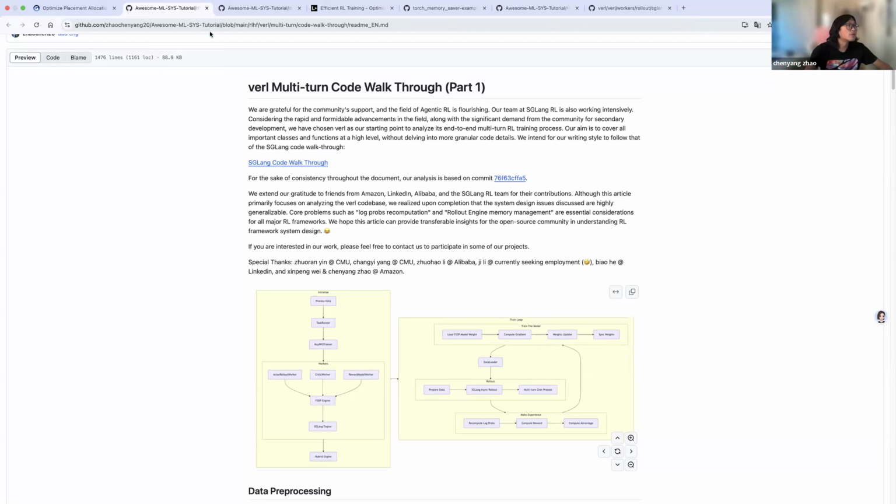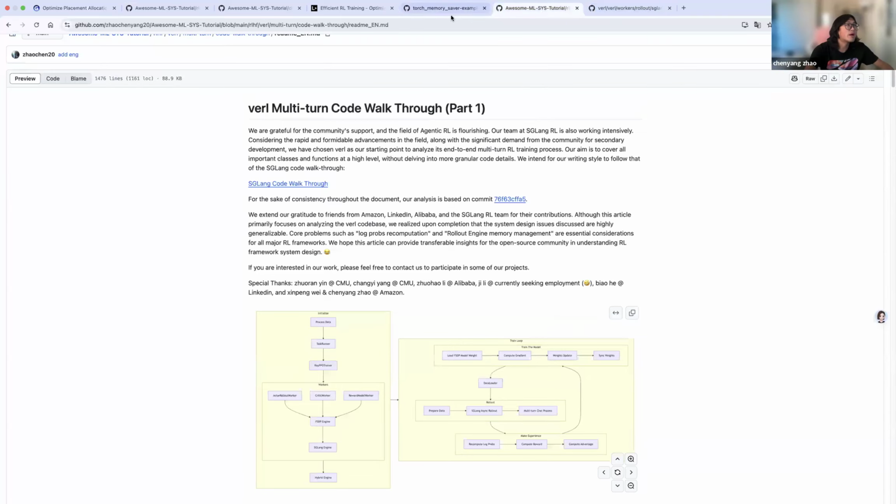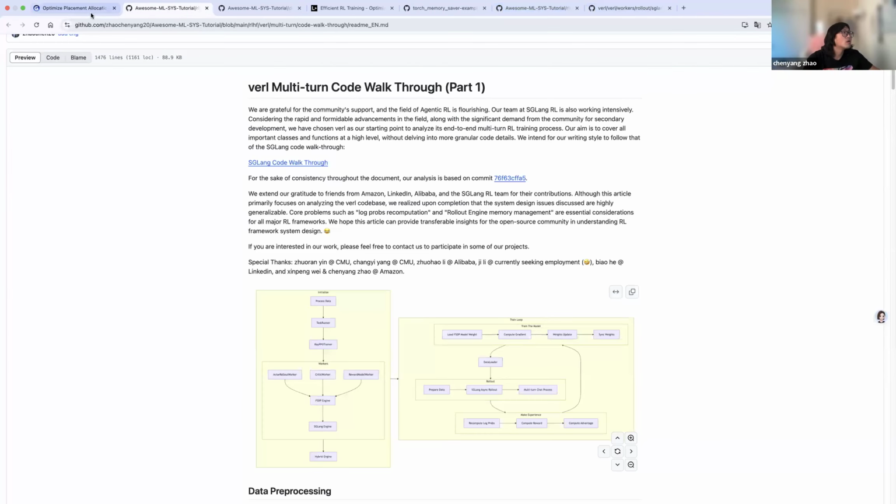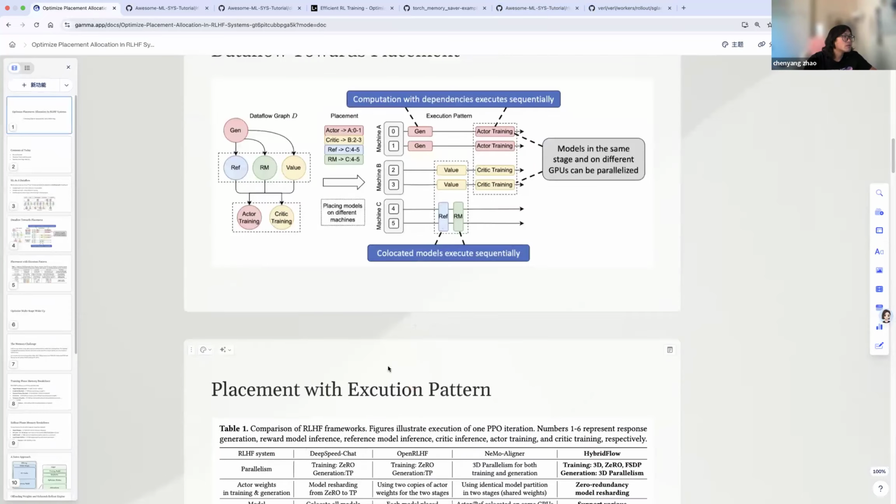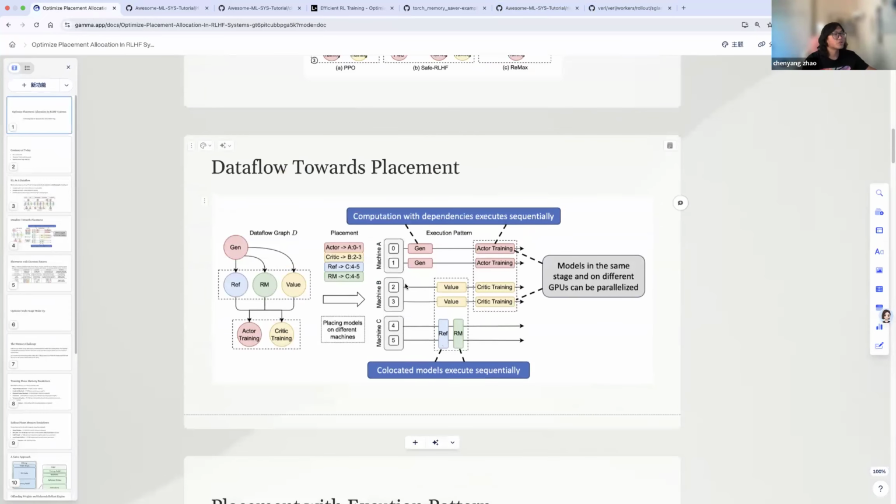We can look at a picture to see what I'm discussing. This picture shows Verl's placement algorithm. They place the rolling out engine and the actor model's training on the same device. This is sampling, this is making experience, and this is the training.